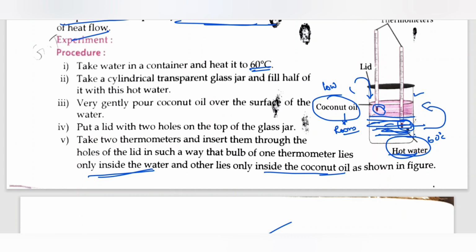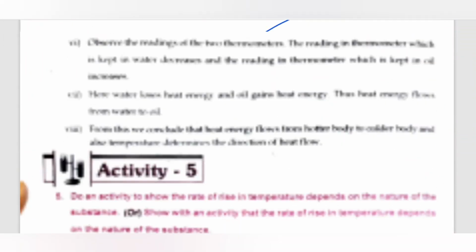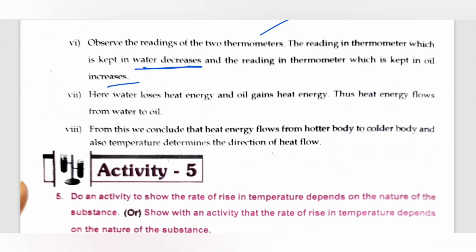Water loses heat energy, so its temperature decreases, and the temperature of oil increases. Here water loses heat energy and oil gains heat energy. Thus heat flows from water to oil.